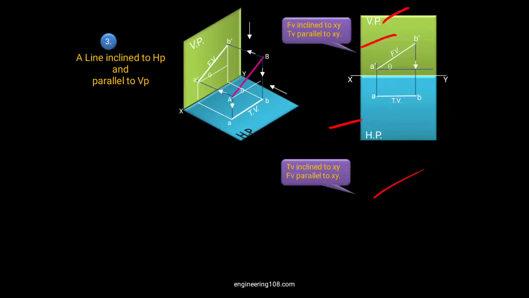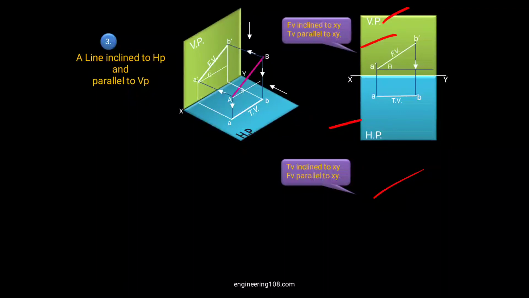Now for the inclination, they will give the angle theta, they will give the true length of the line, and we will find the top view here. So what will be the top view length, or they will give the top view and the condition that the line is inclined to HP, above, and inclined to VP means below.